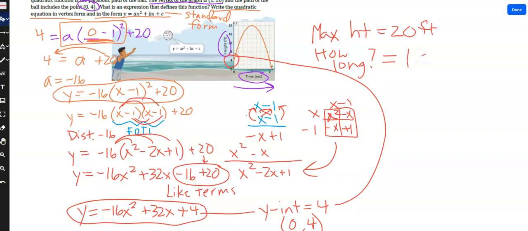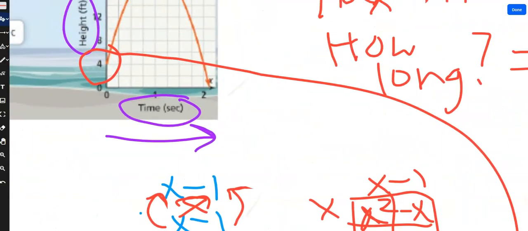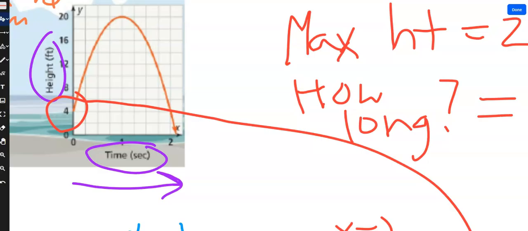Well, I'm going to say 1 second. Eventually we're going to ask questions like, how long did it take to hit the ground? As you can see in the picture, a little over 2 seconds. And we will find out in a future video exactly how to find that time.